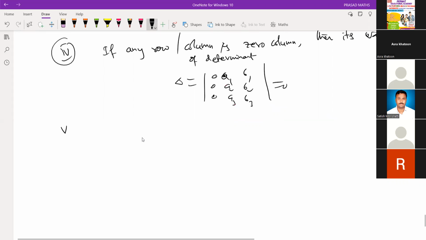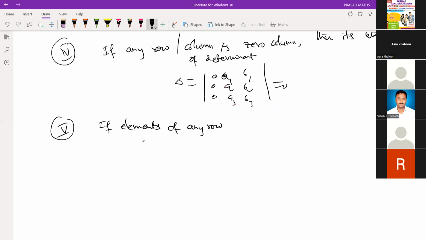Next is, suppose you have elements of any row or column of a determinant that are multiplied by a scalar, any scalar.